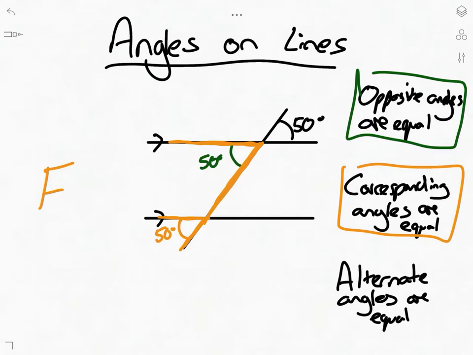Okay, so now we see here it's making a backwards F. It's making an F like this, but it's still that F shape. Okay, so hopefully you can see how they work. If we had this angle, it corresponds to the one up here. And you just slide them along, or you make that F shape, whichever you find easier.